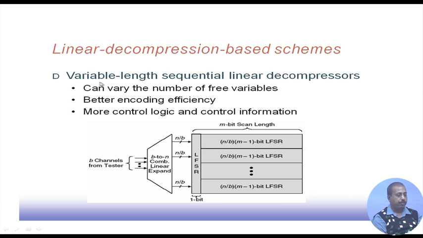We can also have a variable length sequential linear decompressor. Here it can vary the number of free variables. Basically, we have got B channels from the tester. Now, there is a B to n combinational linear expander, and after that these n bits are coming.